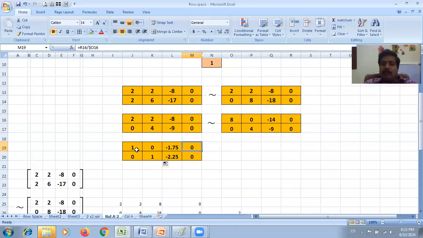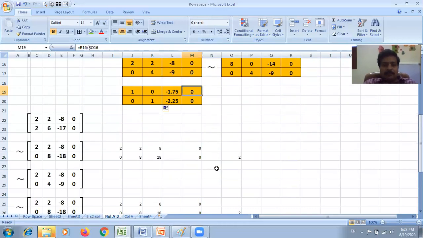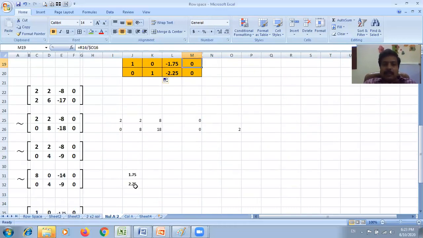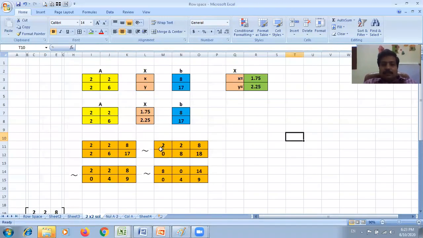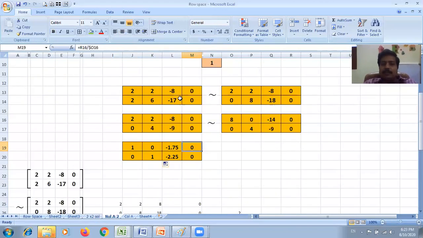That is x is equal to 1.75z and y is equal to 2.25z. If I take z is equal to 1, since we are fixing, I need to find the solution of this one using this null space, so that if I fix 1, I will get the solution for this equation.